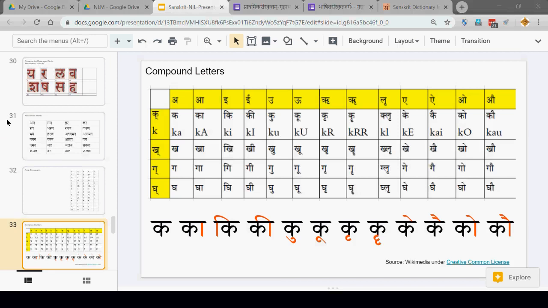So now the short u sound, adding with the consonant, we have a stroke at the bottom here, a special symbol. So that makes that u vowel added to the consonant sound.